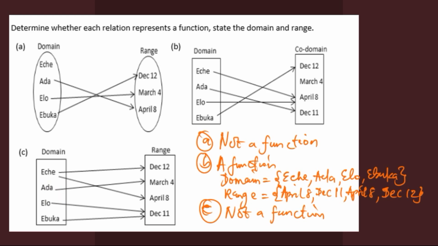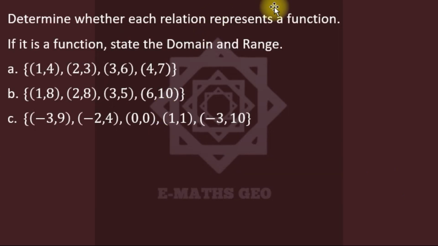So let's look at this question. Determine whether each relation represents a function. If it is a function, state the domain and the range. Okay, so these are sets. How do you solve this type? Check the elements here. 1, the image is 4; 2, the image is 3; 3, the image is 6; 4, the image is 7. So it's a function.